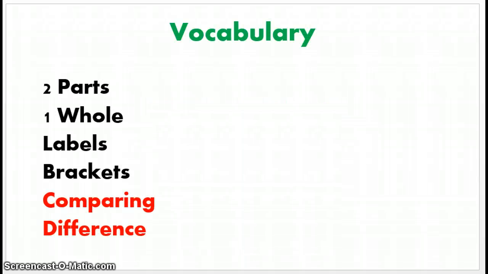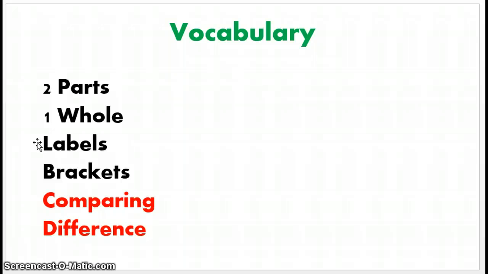So before we get started, we're going to talk about some of the vocabulary that we've been learning in some of our other videos. The first vocabulary word is parts. In a bar model, there are always two parts, and those two parts create one whole. Labels. We always label our bars with words, and we also label them with numbers.